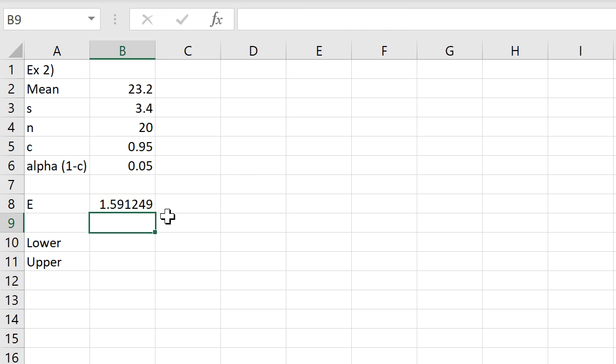All right, there is our E. So now we're going to be doing the upper and lower bounds. For the lower bound, it's going to be equals our mean, 23.2, minus our E. For the upper bound, it's going to be our mean of 23.2 plus our E.